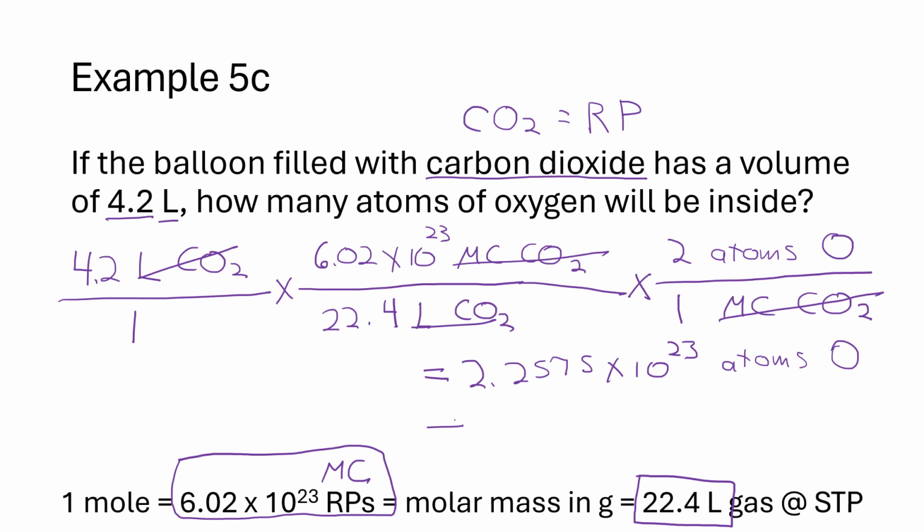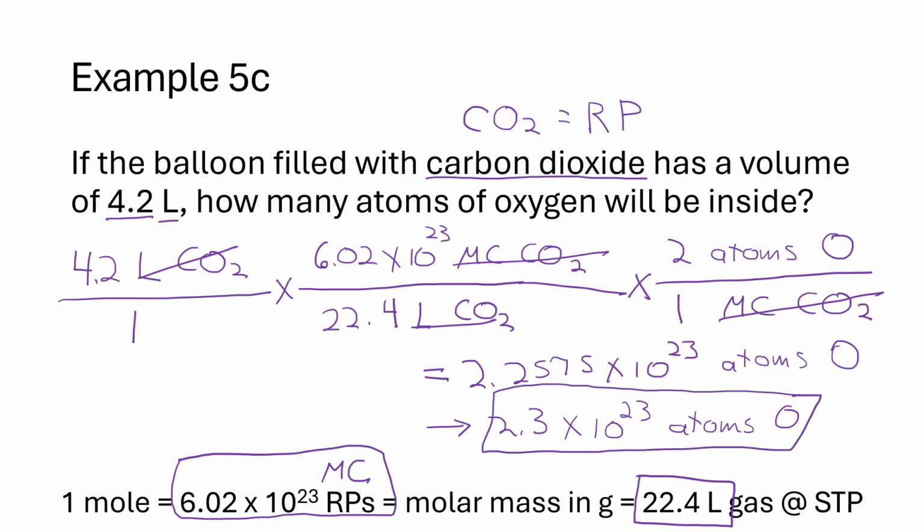But we've got to round that. Our first number only has 2 sig figs, so we'll round that to 2.3 times 10 to the 23rd atoms of oxygen. So very much like the previous problem that took us to molecules, but once we're at molecules of CO2, we've got to double that number to get how many oxygens there are.